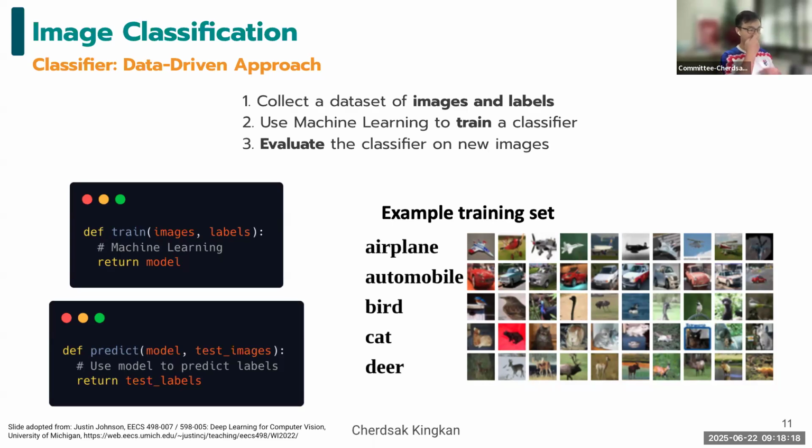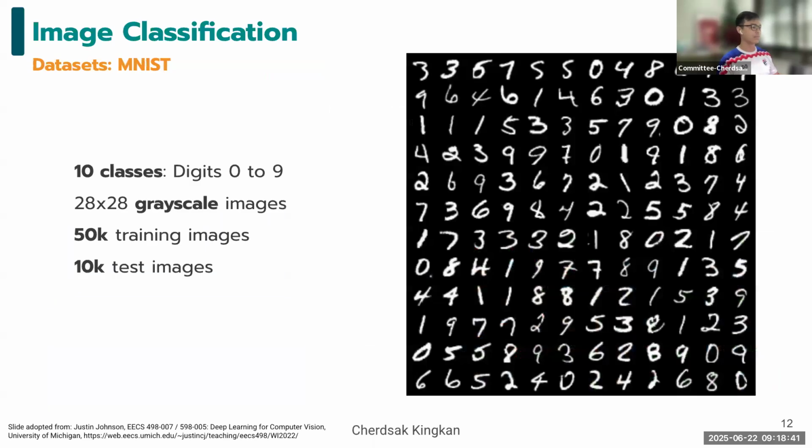And then we also write another function to perform predictions. After training the model, we have a function to give us a predicted label for unseen images, right? So that's how we can construct a data-driven classifier.